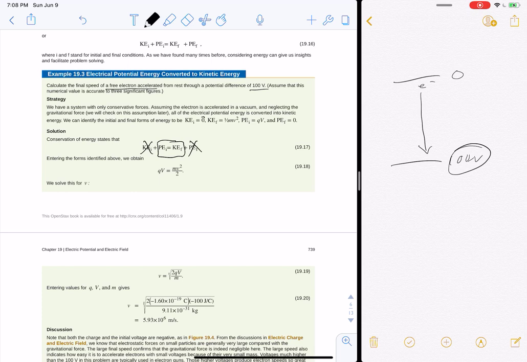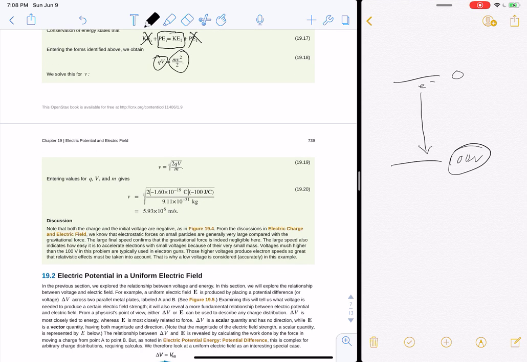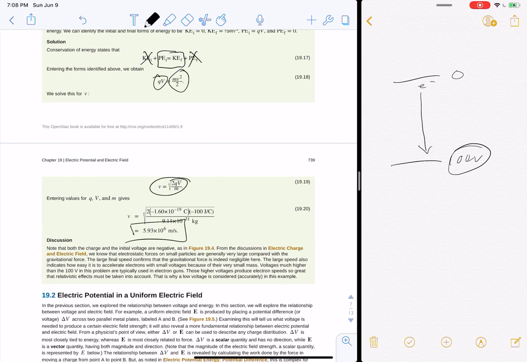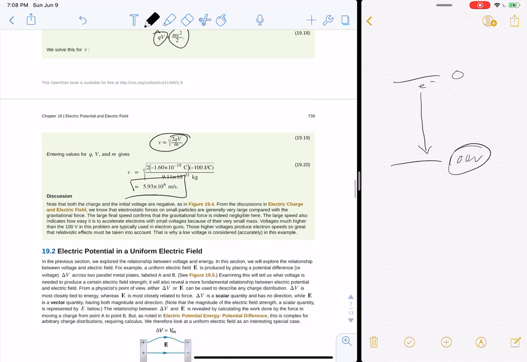The potential energy is QV, and the kinetic energy is 1/2 mv squared. We set them equal to each other and solve for v to get how fast we're going. If you plug all that in, you get the speed to be 6 million meters per second. So you can accelerate an electron to a pretty good speed with just a 100-volt power supply.